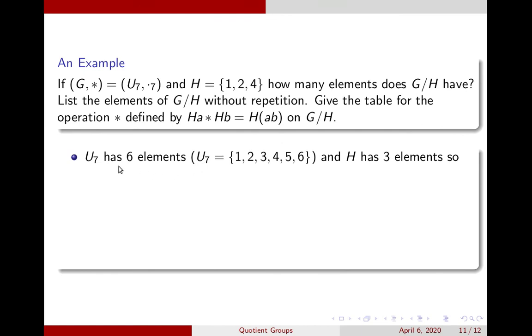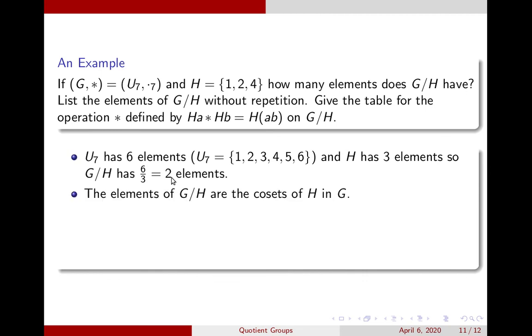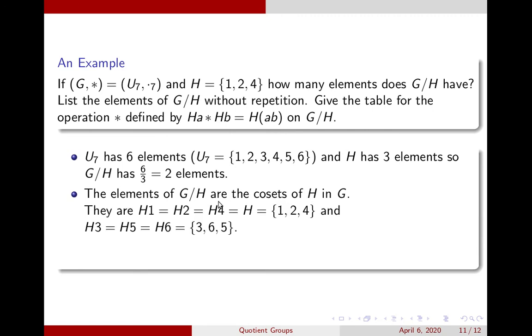Okay, so U7 has 6 elements, and H has 3 elements. So the quotient group G over H has 6 over 3, or 2 elements. The elements of the quotient group G over H are the cosets of H in G. Here they are.